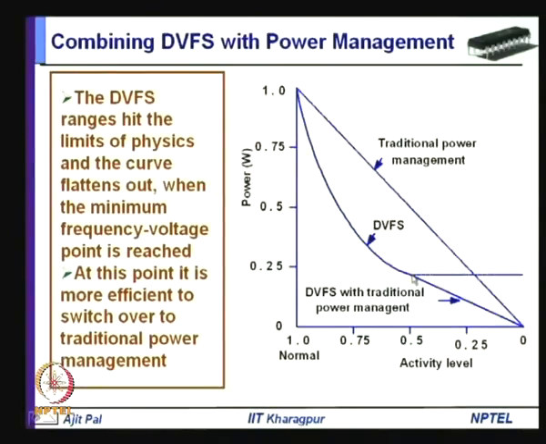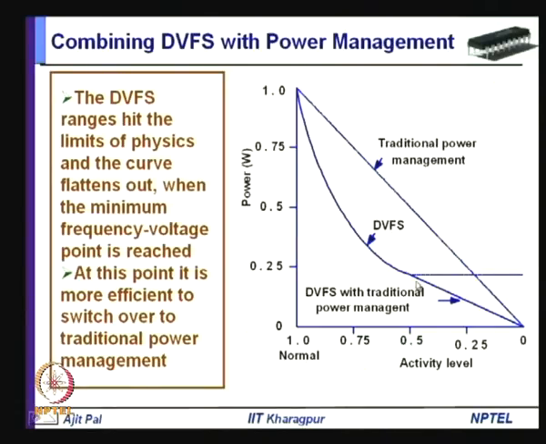In such a case, what can be done? We cannot really reduce the supply voltage beyond this level, and whatever power dissipation takes place, you have to accept even when the activity level is much smaller. So, even when the activity level is smaller, you cannot really reduce, and as a consequence for lower activity level, you can see the reduction in power dissipation remains constant.